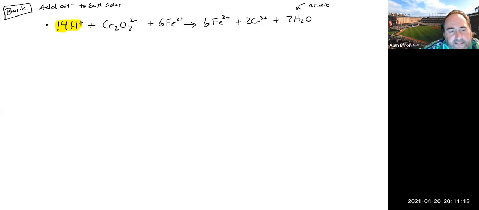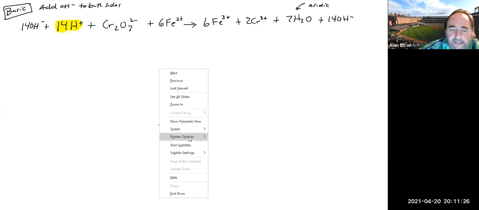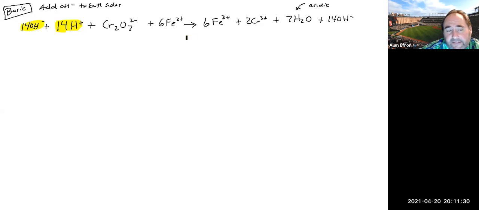And this H plus from our balanced acidic condition tells us 14 OH minuses to the left-hand side and 14 OH minuses to the right-hand side. So again, we are going to add it not just to one side, but to both sides, again, equal to the amount of H plus that we have. Any questions on that?